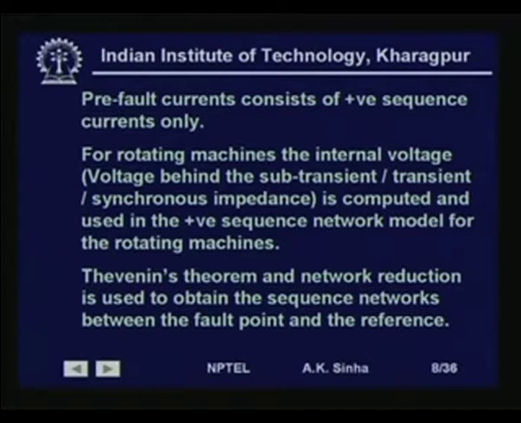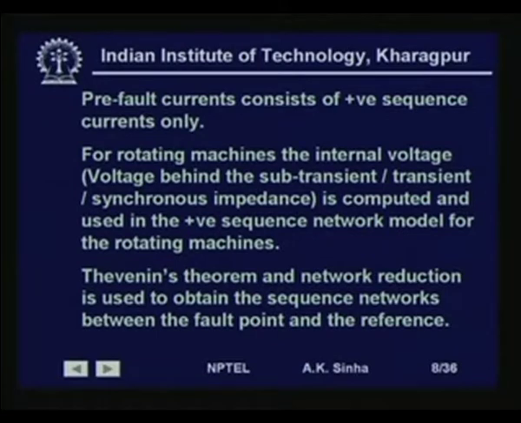So, we compute the internal subtransient voltage when the load current is flowing, and we use this voltage with the subtransient reactance as the source voltage in the positive sequence network for the rotating machine models.